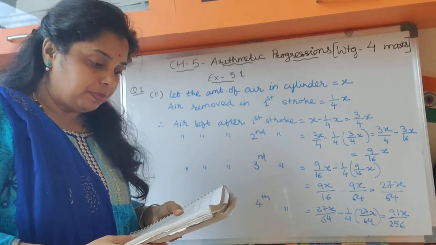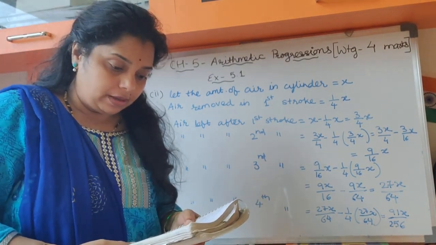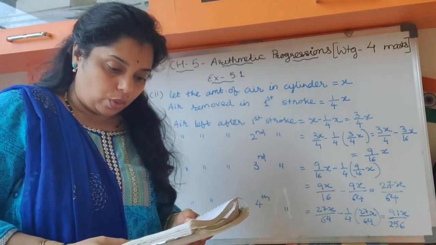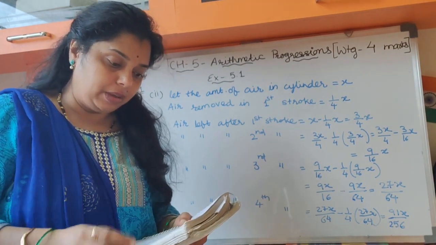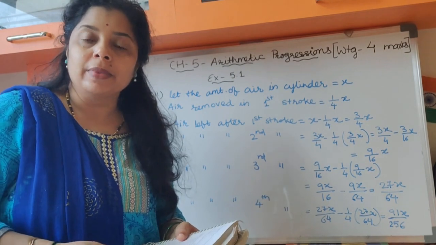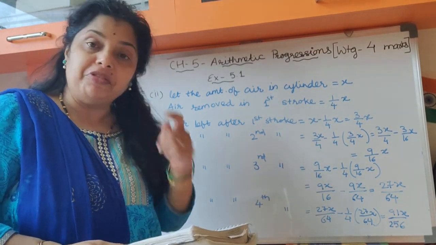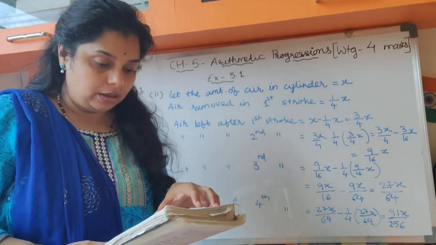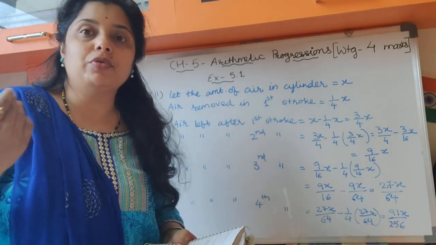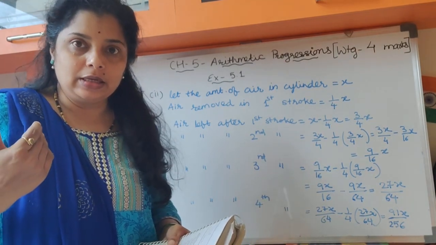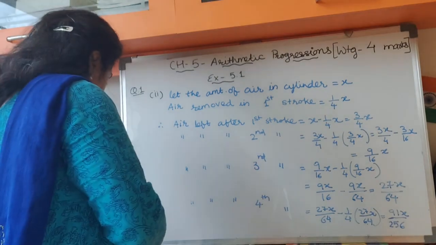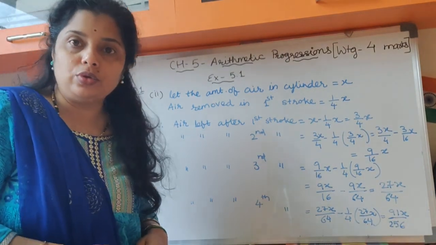Continue with the second one. The amount of air present in a cylinder when a vacuum pump removes 1/4 of the air remaining in the cylinder at a time. Okay, so it means every time, from whatever air is left, 1/4 is removed. Is it clear? Okay, I am showing you the steps so it is clear to you.